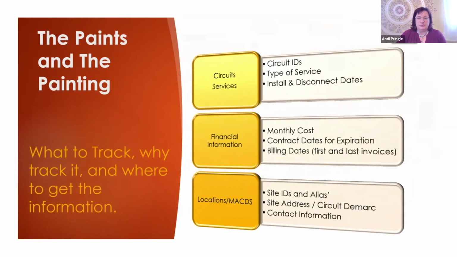Financial information would include the account numbers, the cost of services per month, billing dates, first and the final invoices. Site information, which would include all the site IDs and aliases, site address, and circuit demarc and contact information.